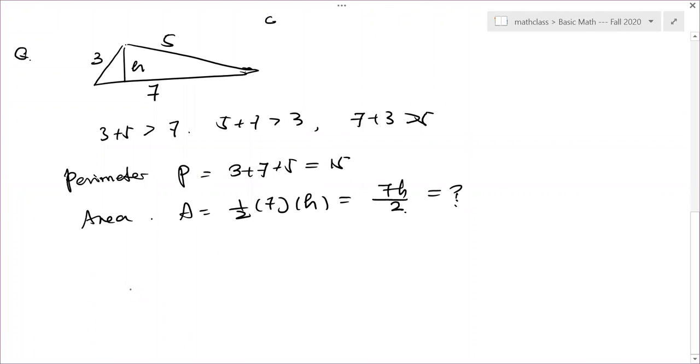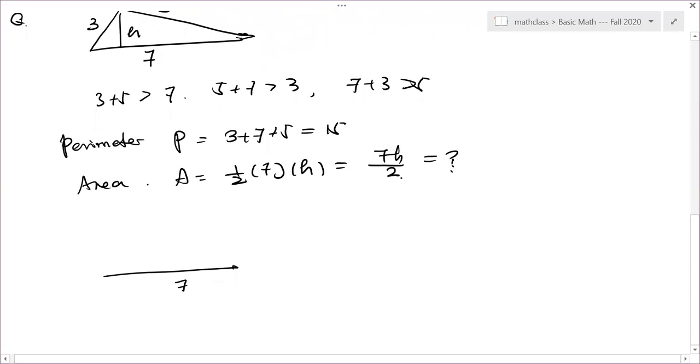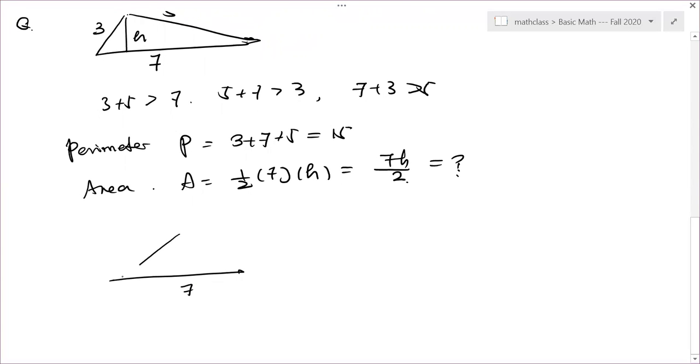But what we should know is, if I have a 7 and those two triangles, this side is a 3, here's a 4.